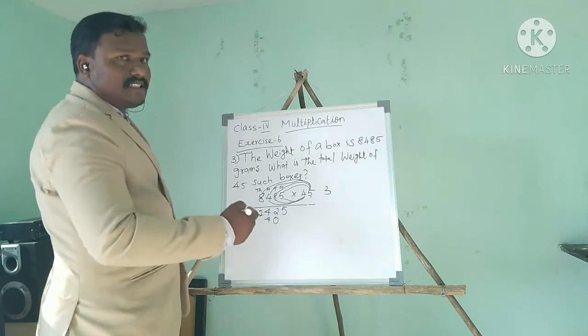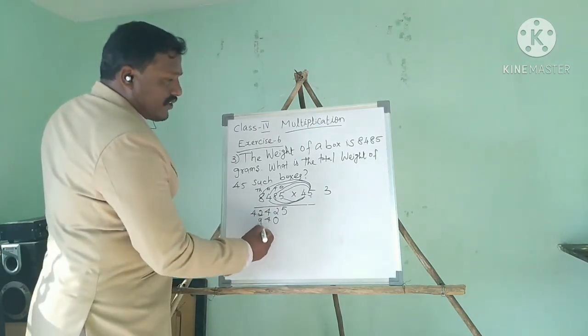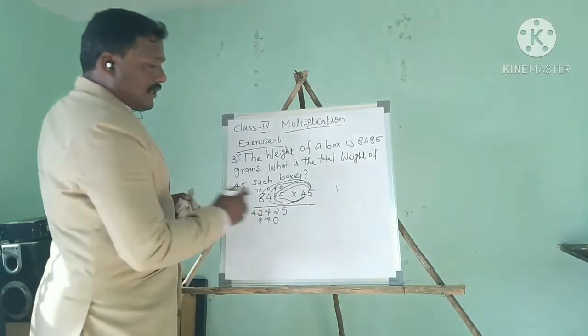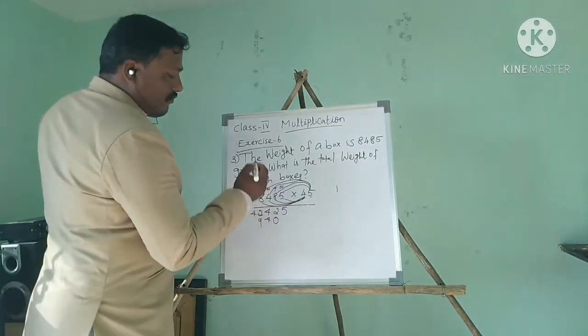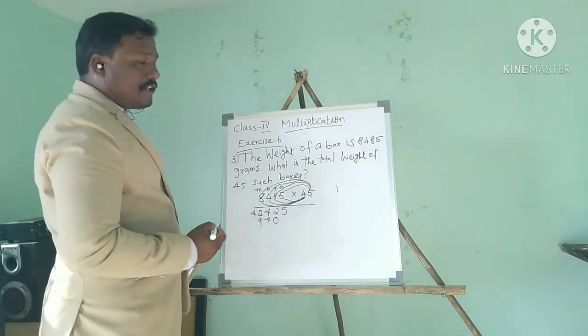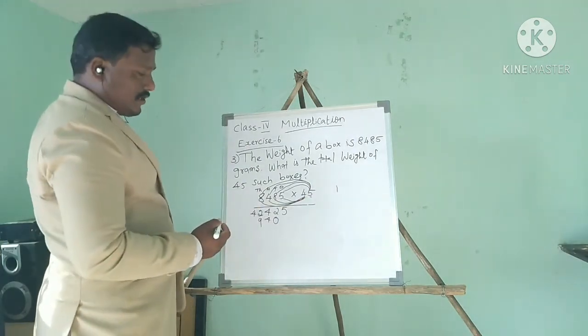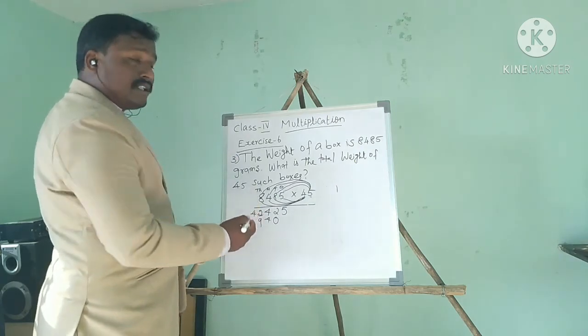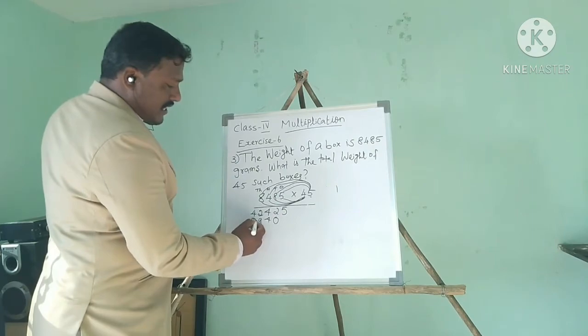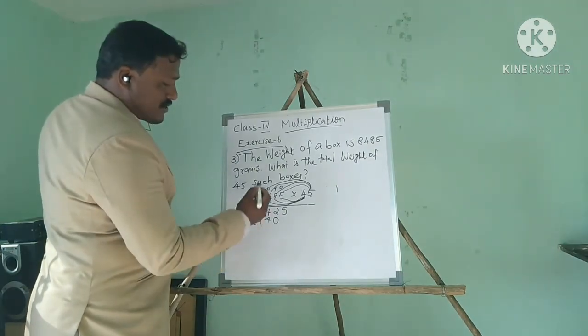We write 9 first and keep remainder 1. Now the same 4 multiplied by 8: 8 4s are 32. 32 plus 1 is 33. Here there is no number after this, so we will write the whole number 33.